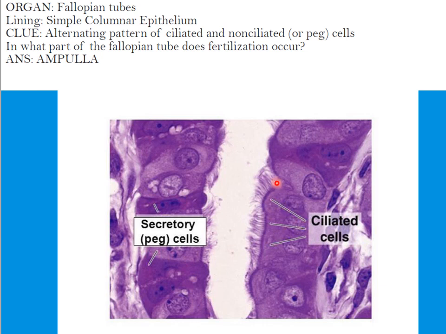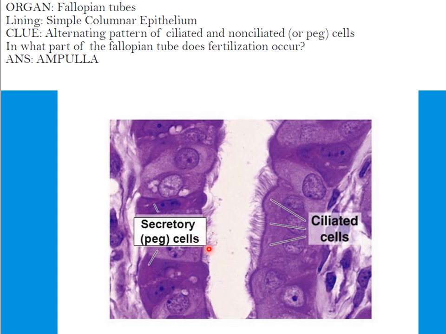Itong ciliated part na to is important for the direction of the flow of the oocyte para alam niya kung saan siya dadaan. Ito namang non-ciliated part, which is your peg cells or the secretory cells of the fallopian tube, is important for the secretion of number 1 mucus para mas madali yung flow ng oocyte and the nutrition needed by the oocyte.